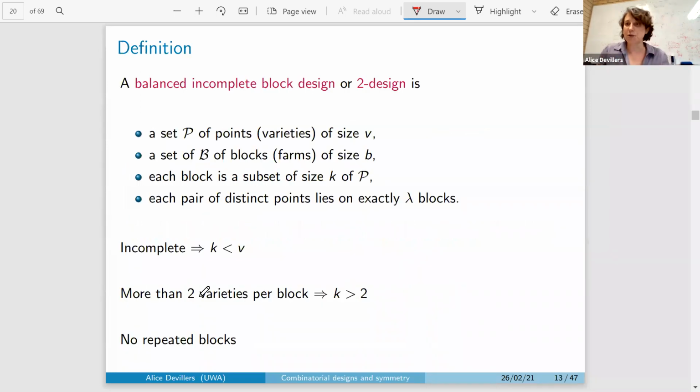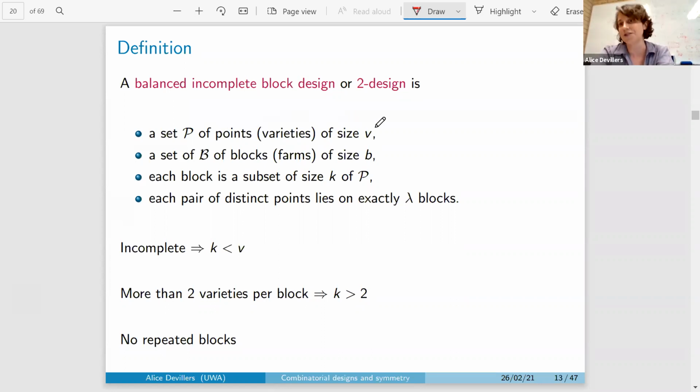So if I want to abstract these concepts a bit, here is the pure math version of this definition. It's called a balanced incomplete block design, or just a 2-design. You have a set of points. Instead of calling them varieties, I call them points, of size v.